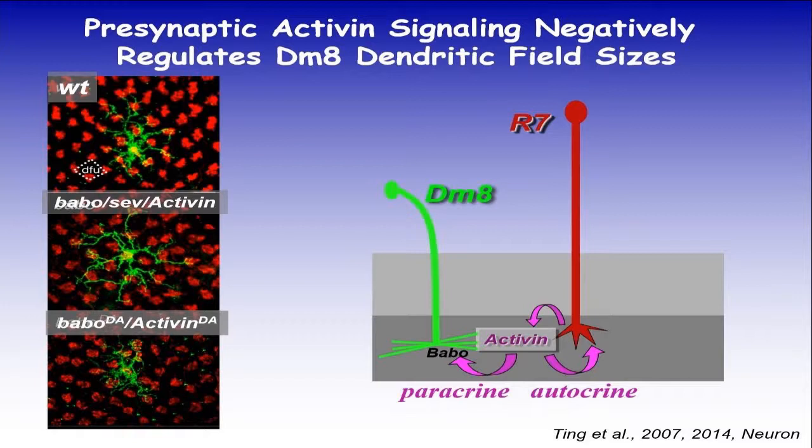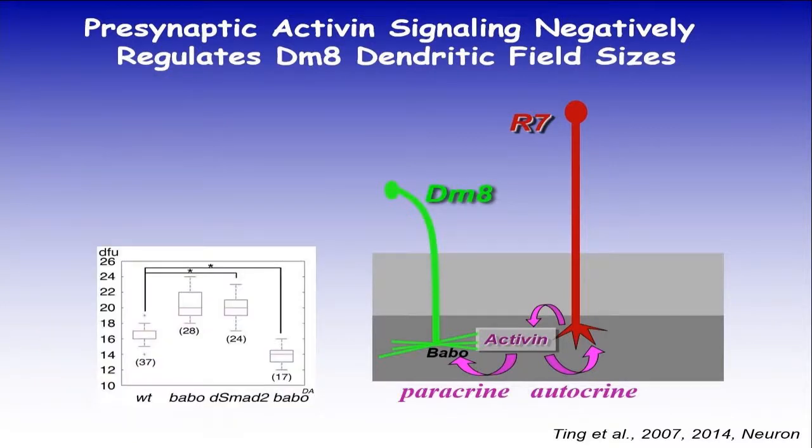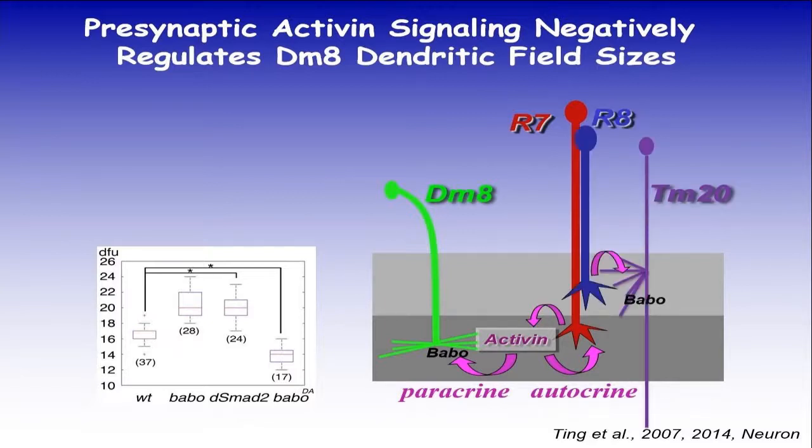So it's instructive information. Okay, and this is some statistics to show you the result. And I should mention that the activin secreted from R7 cannot be replaced, interchanged with the activin secreted by RA photoreceptor, even though their axon terminals are only a couple of microns away from one another. So this morphogen functions in the brain over a really very short distance.